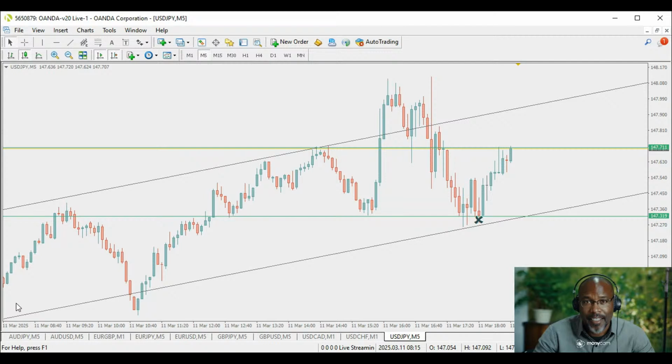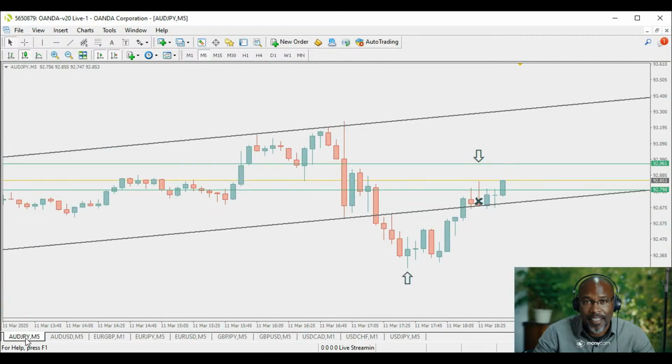So going back to the Aussie dollar, Japanese yen, essentially back where it was 20 minutes ago, 25 minutes ago.